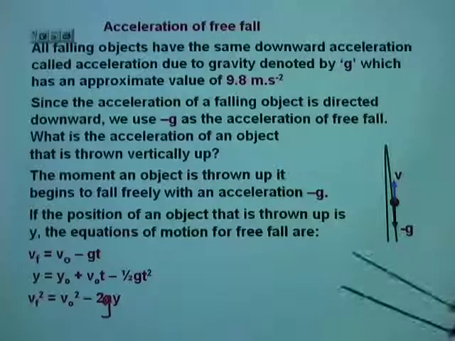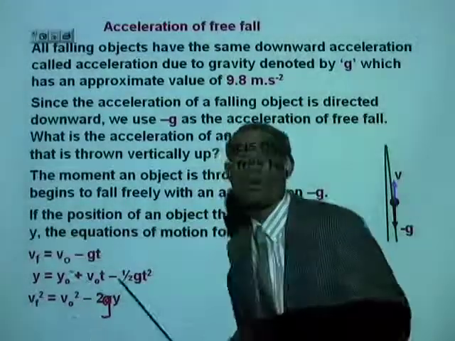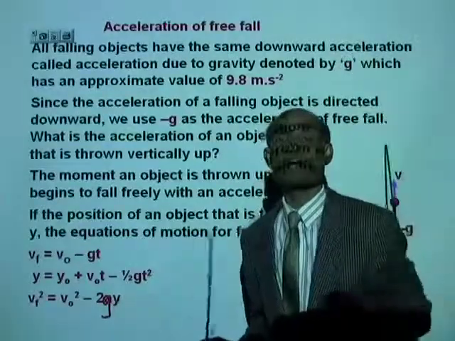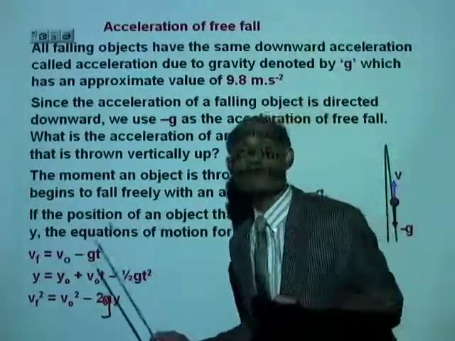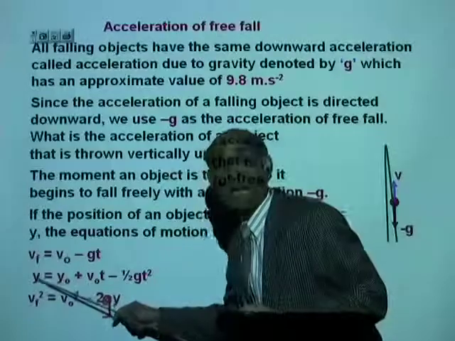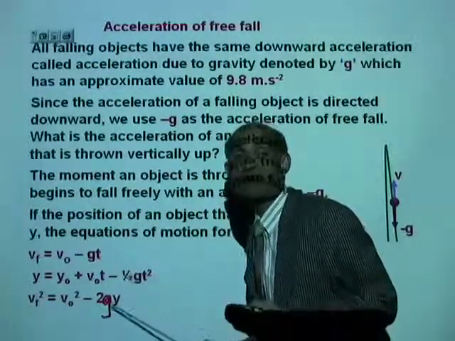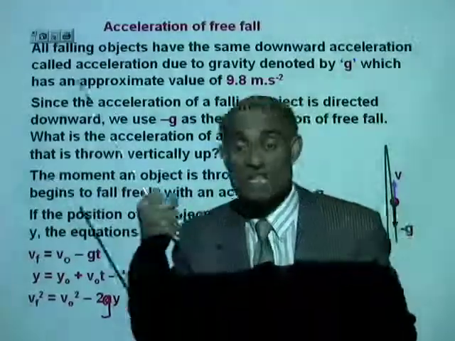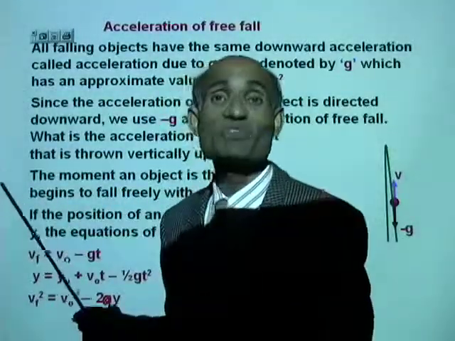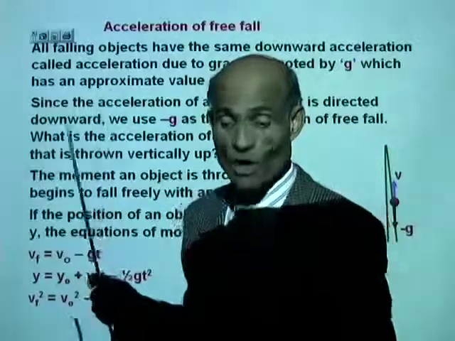So these are the three equations for a freely falling object. What are the changes we made there? x has been replaced by y, and a has been replaced by negative g. Negative g is the acceleration of all falling objects.